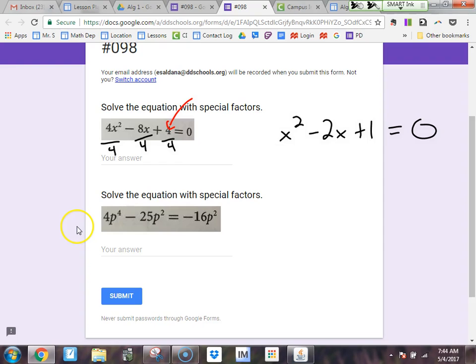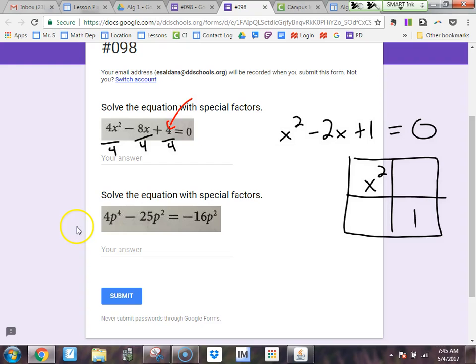This is actually, all of a sudden, a 21.1 question, Objective 21.1. Because really, you can go straight to the box, put in the x squared top left, 1 bottom right, and multiply the x squared and the 1. That's what I want these two terms I'm about to come up with to multiply to.